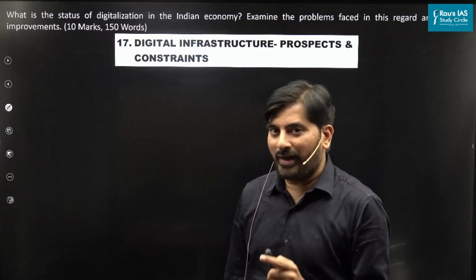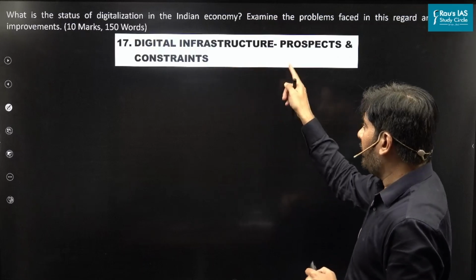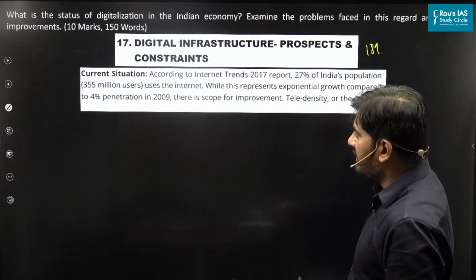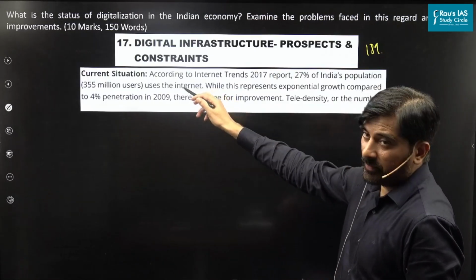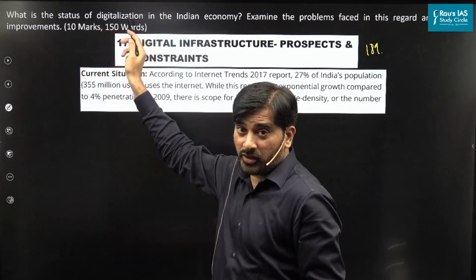On page number 189, there is a topic, digital infrastructure prospects and challenges.